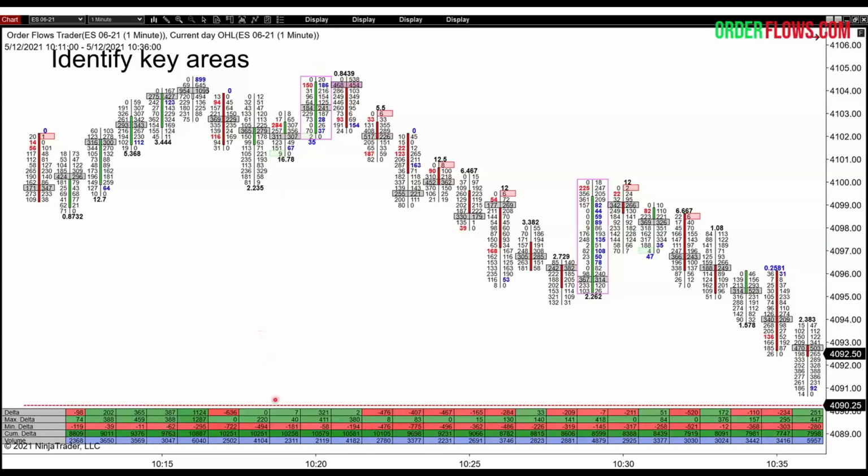Now, the other thing you can start looking at is the delta. What's happening in the delta? Well, you see delta in this bar is 2. That's nothing. Most of us trade 2, 3, 4, 5 contracts at a time. This delta could easily be negative, but it's positive 2. Now with delta, I use a certain buffer.